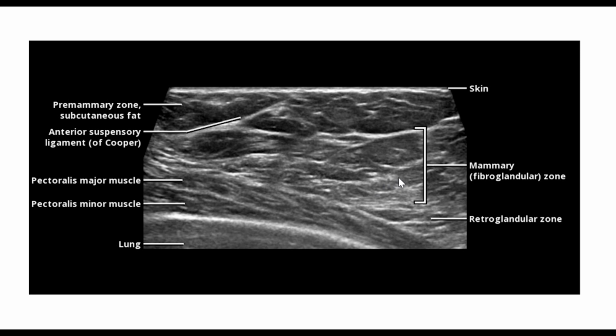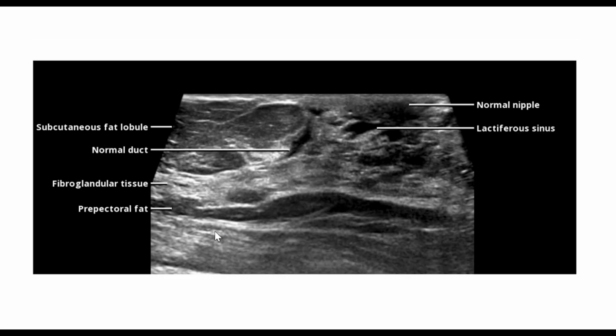The mammary zone is a fibroglandular zone, and posterior to the mammary zone is the retromammary zone, and posterior to the retromammary zone are the pect major and the pect minor muscles. Further posteriorly is the pleura of the lung, and this is the lung tissue.